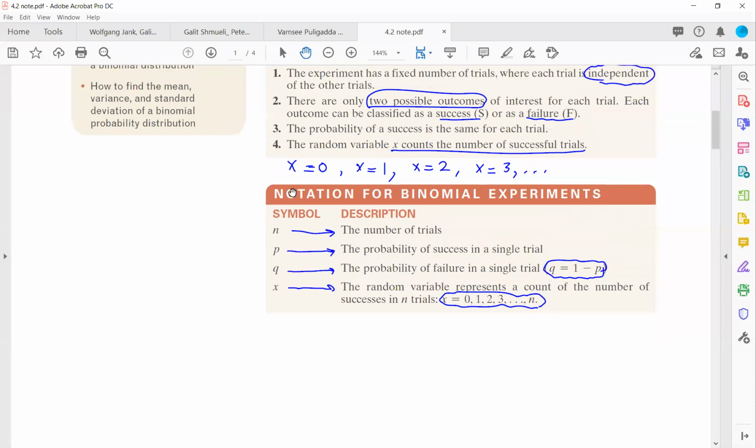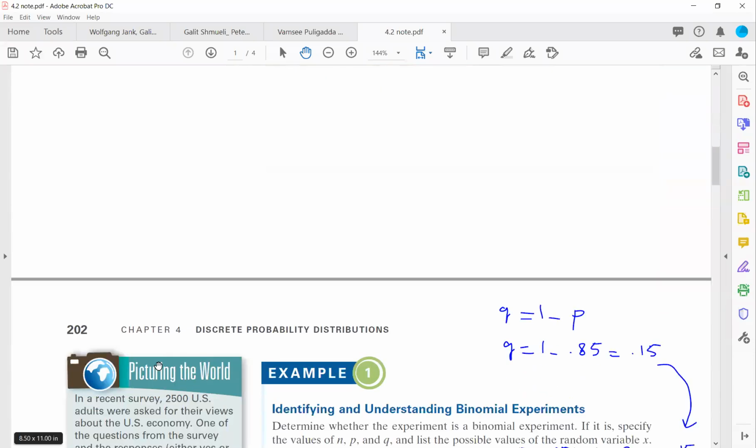So on the previous page, look at the last condition, 4. The random variable X counts the number of successful trials. You either have no success in your trials, 0, or you have 1 success, or you have 2 successes, or 3 successes, or 4. You don't know. So you have to list all of them. So look at our example.